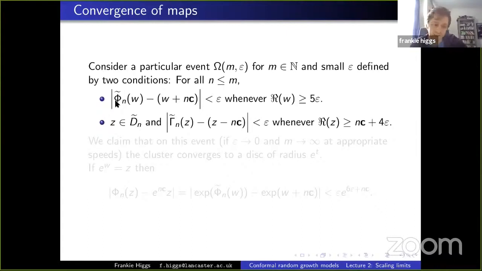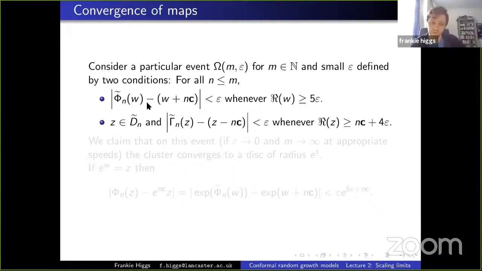Then phi_n of w on this half plane, phi_n has a distance less than epsilon from, well, w plus nc, which is just the logarithm of e to the nc times e to the w. That is the map corresponding to the disk of radius e to the nc.